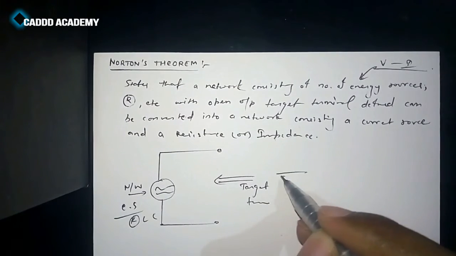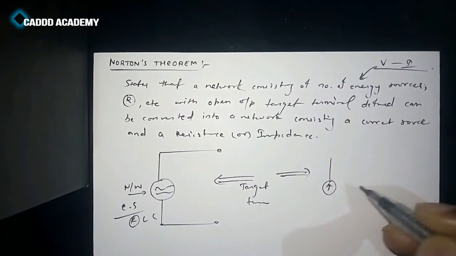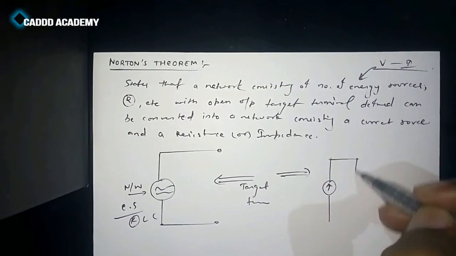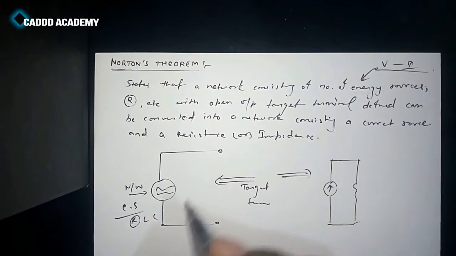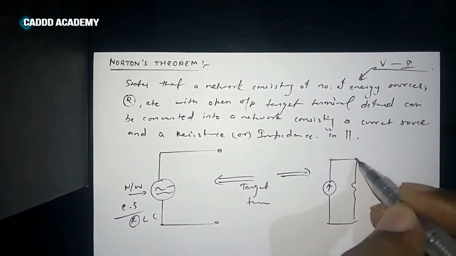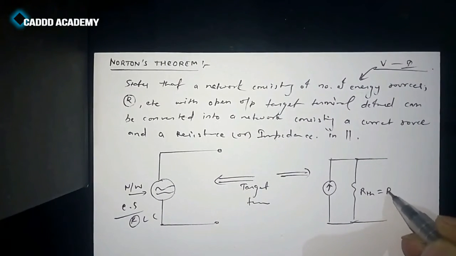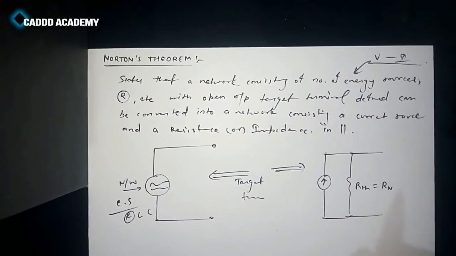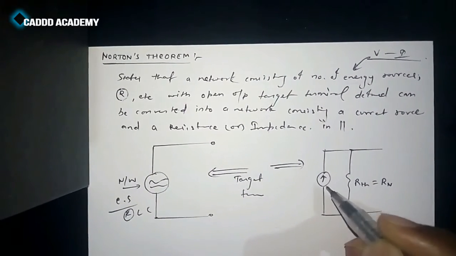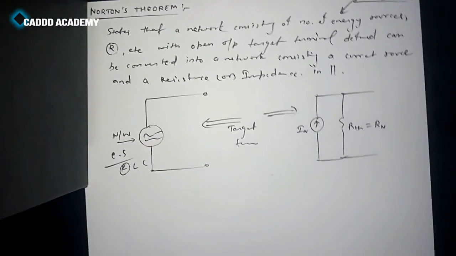So this can be converted into a current source and a resistance, or impedance, in parallel with it. So this is RTH or RN, which is Norton's resistance, and this is IN, which is Norton's current. We'll see all the things in the coming question.